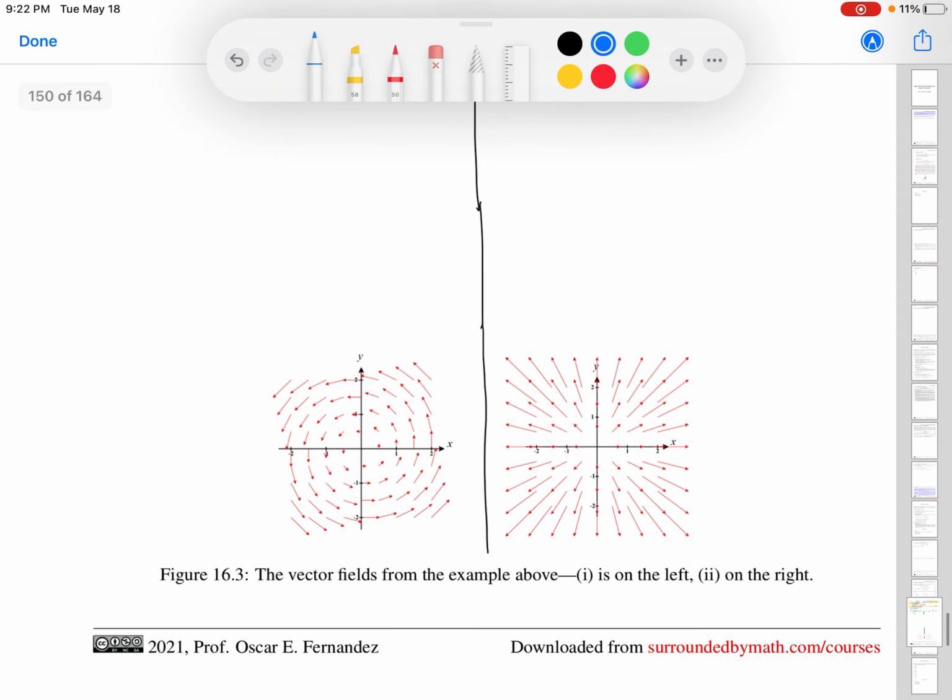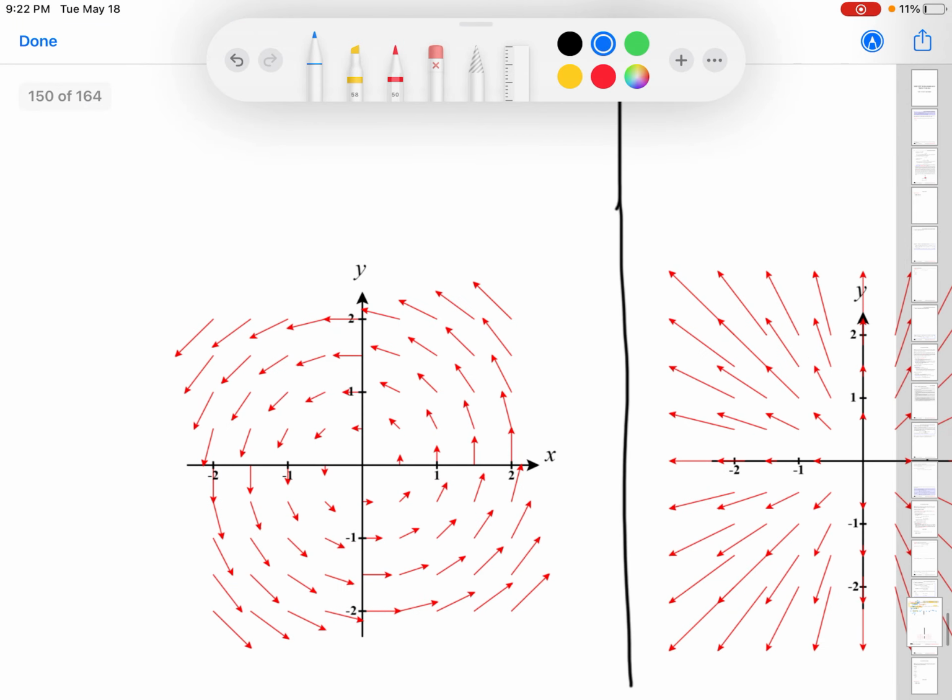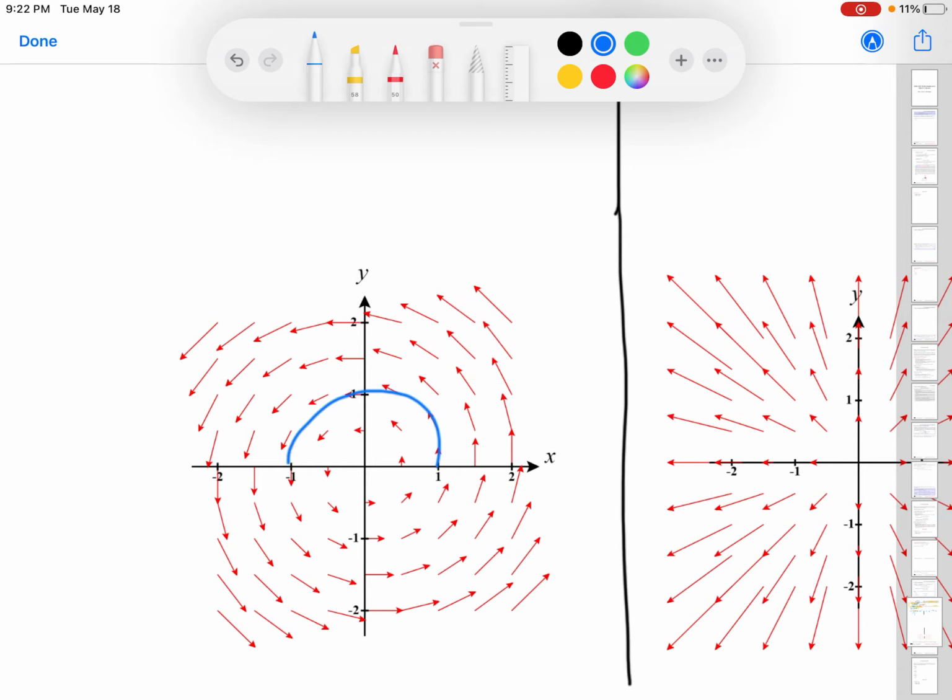So if I scroll down and remind you, here is the plot of that vector field. Again, we draw our unit circle here, traced out counterclockwise as I just did. You can see, of course, that if I put a little bead here, this bead is going to be pushed around because all of these vectors are pointing in the counterclockwise direction.